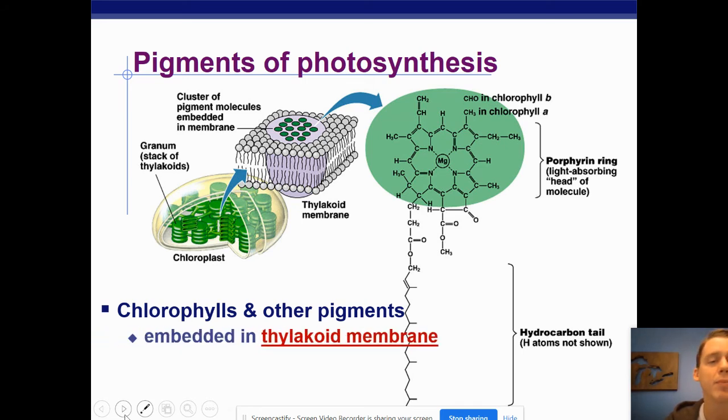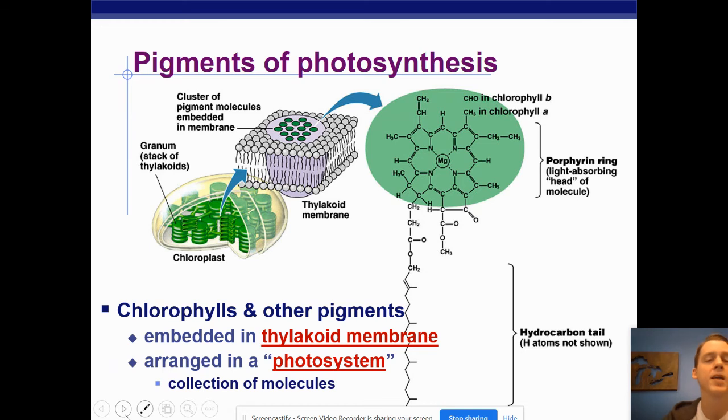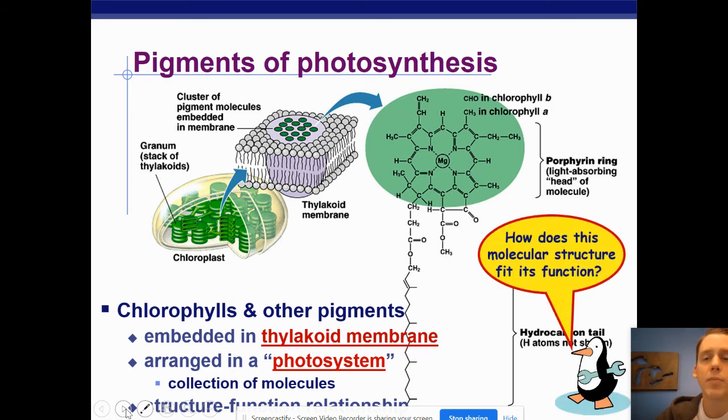Chlorophyll is embedded in the membranes of the thylakoids, and they're arranged in what is called a photosystem, a light system, which is just a collection of chlorophyll molecules joined close together. And so we have a structure-function relationship here with chlorophyll coming together on a membrane.